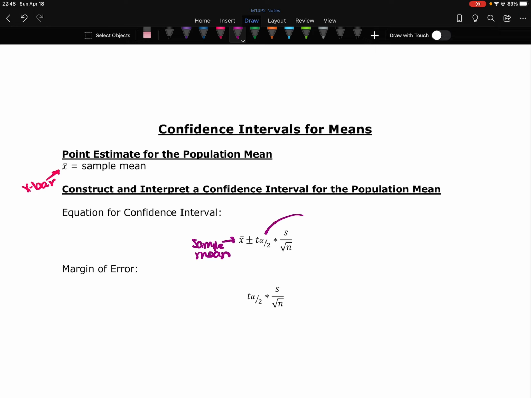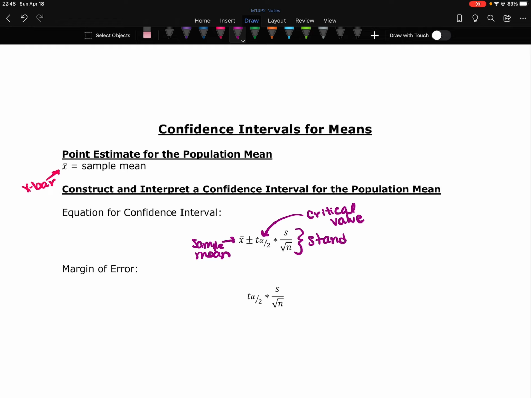We are going to add and subtract a t-score based on alpha over 2, and this is called the critical value. And then we're going to multiply that by the standard error.